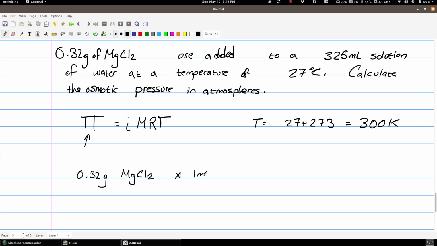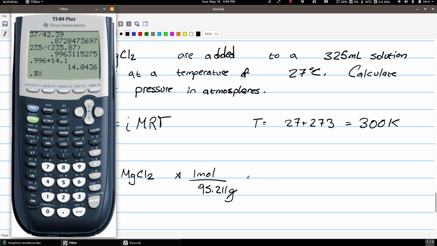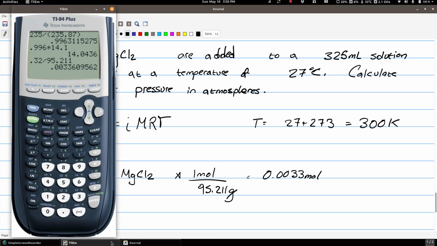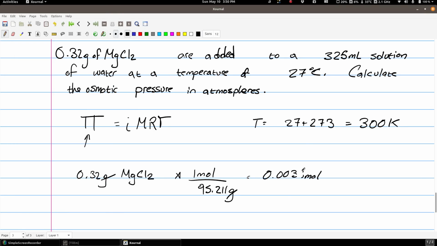So times 1 mole over 95.211 grams. So that cancels. And let's do that in the calculator. 0.32 divided by 95.211. And that's going to give us 0.0034 mole of magnesium chloride.